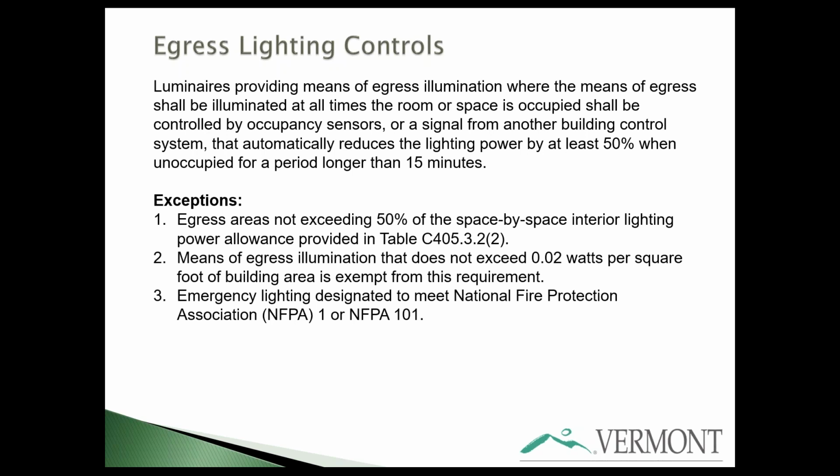So if your lighting in the egress spaces does not exceed 0.02 watts per total building area, then you are exempt from this requirement, and obviously emergency lighting by the NFPA is exempt as well.